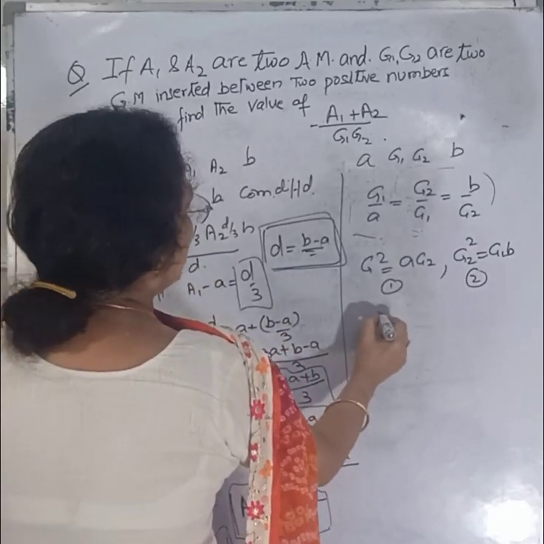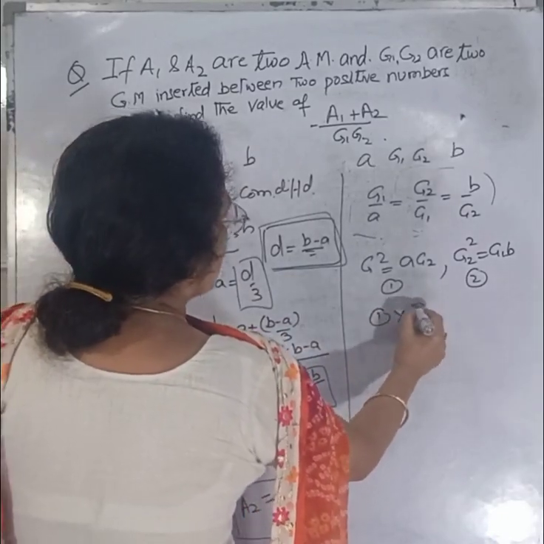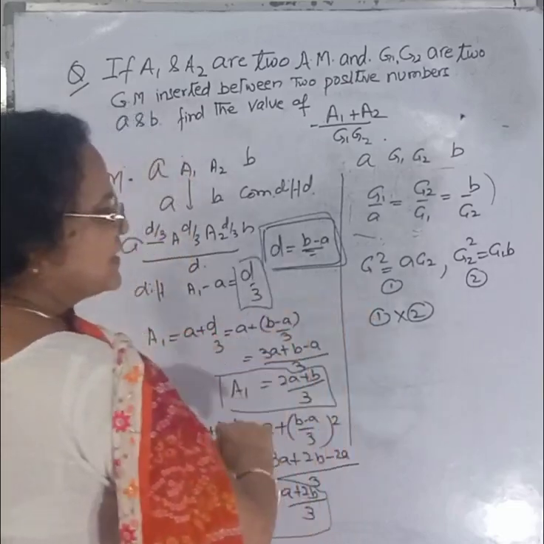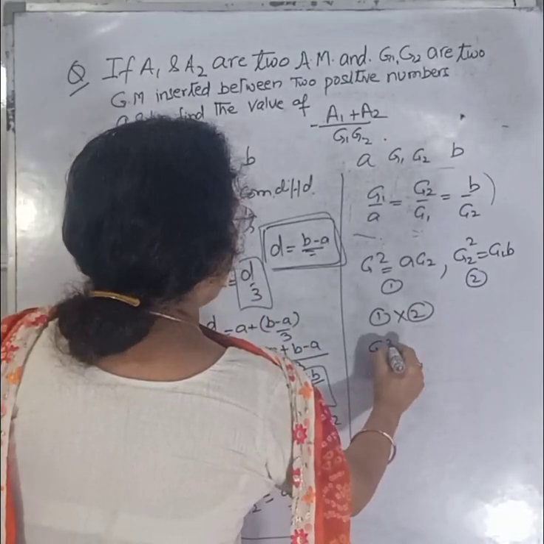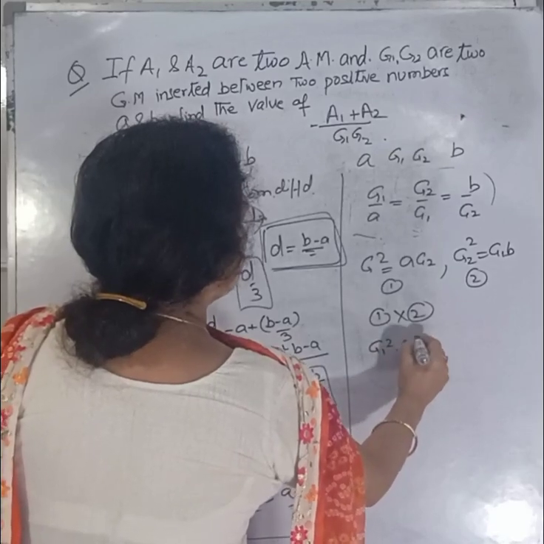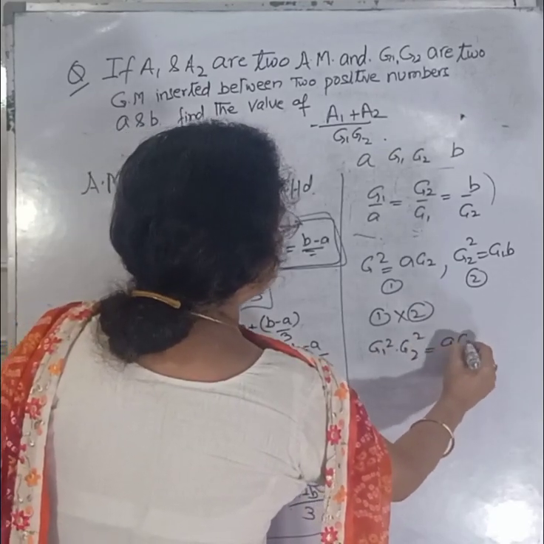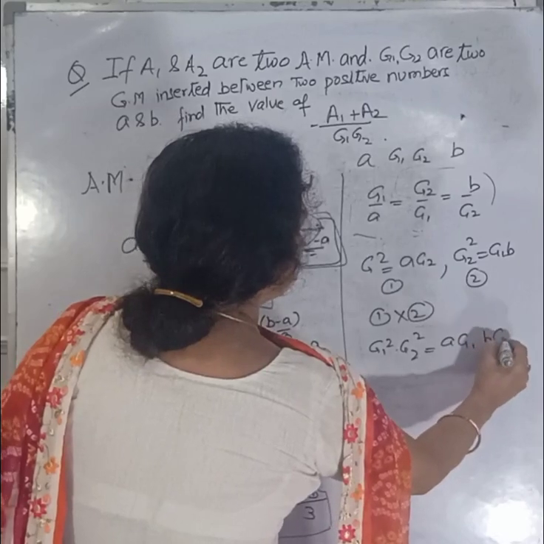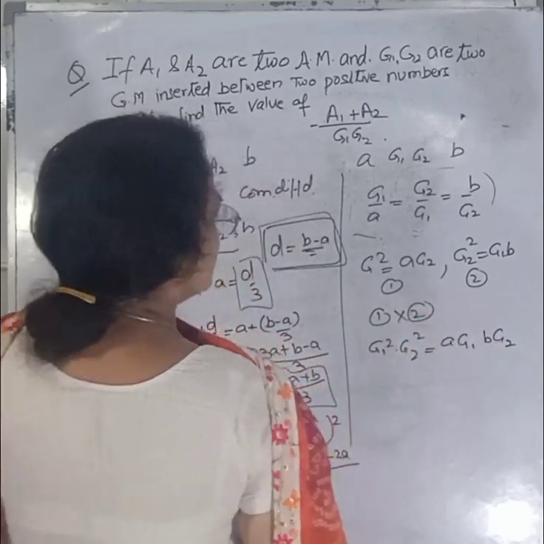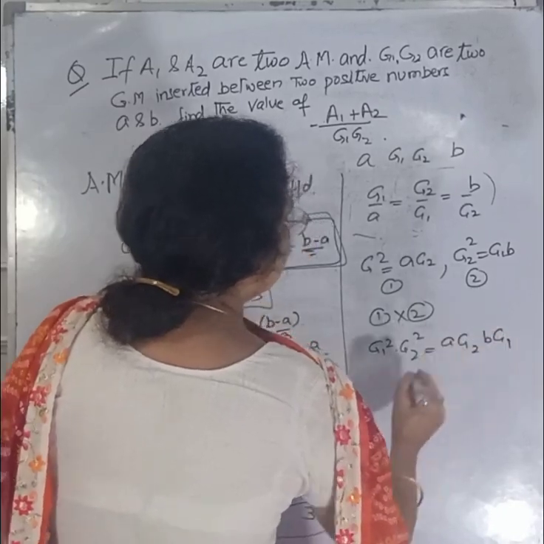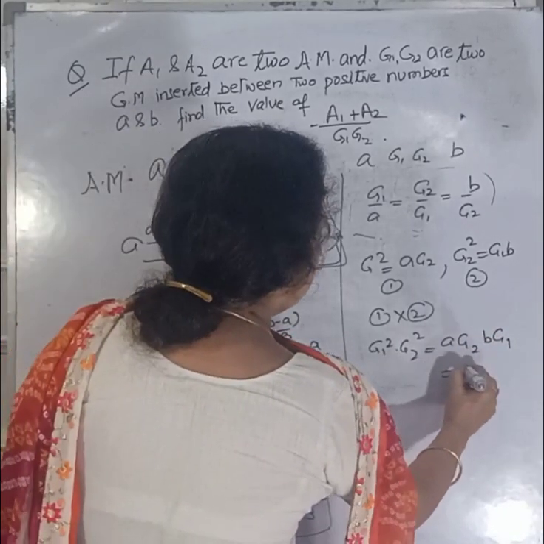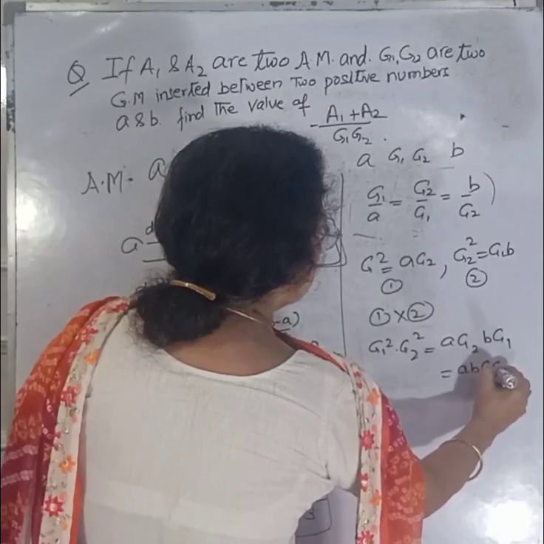Now please multiply 1 into 2, right hand side with right hand side, left hand side with left hand side. We get G1 square into G2 square equal to A G2 into B G1, that is equal to AB into G1 G2.